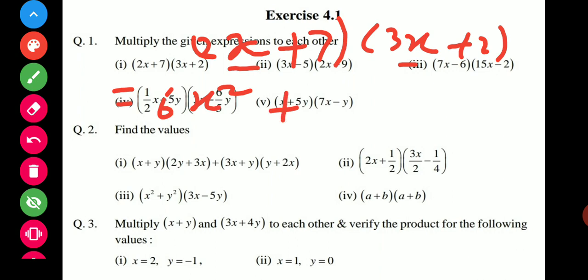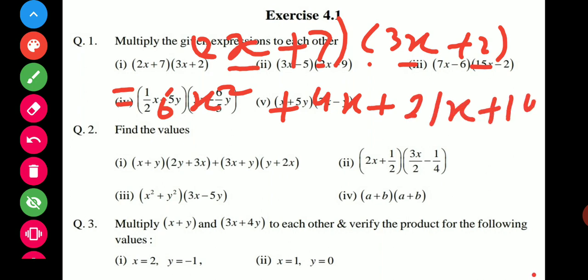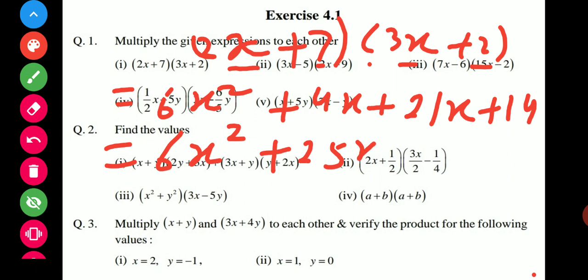Once again, 2x multiplied to this 2 becomes 4x, plus 7 3 ja, that is 21 of x, and plus 7 2 ja 14. 6x square as it is, plus 4 and 21, that is 25 of x, and plus 14. That is your answer.